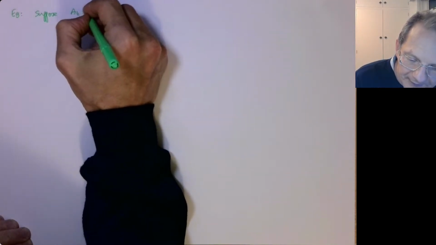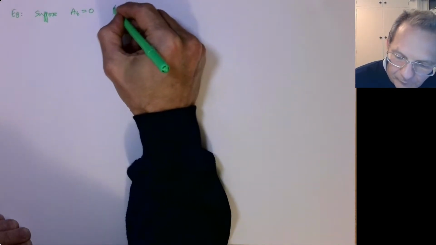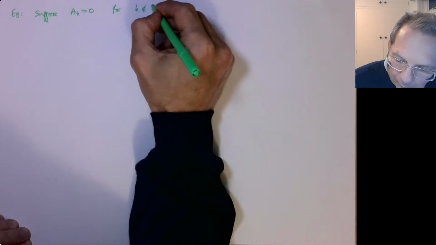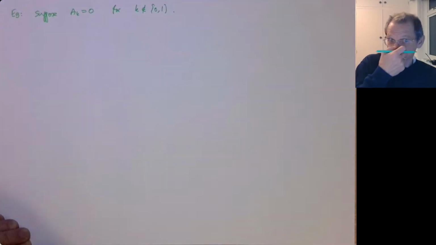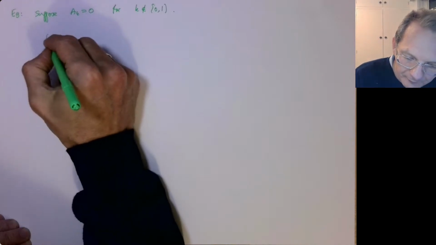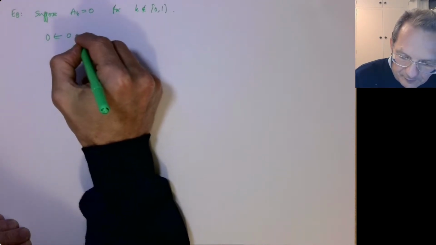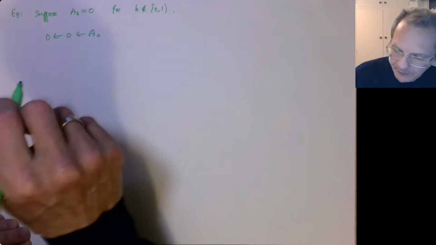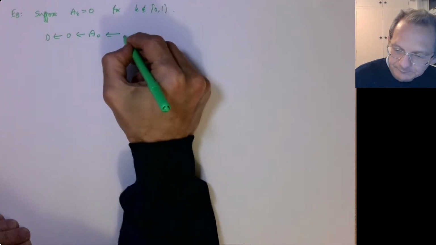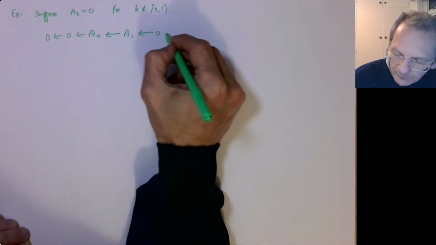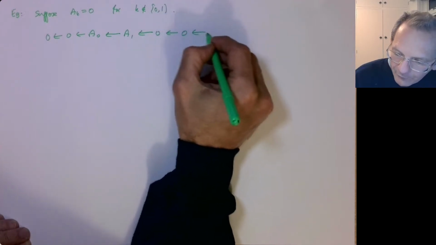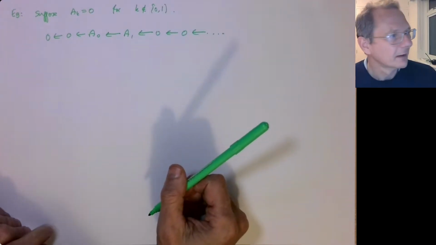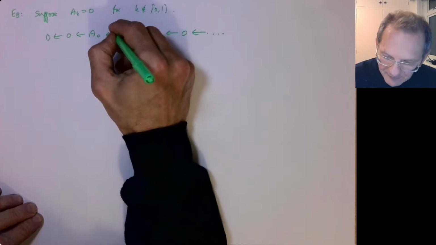Let's suppose that A_k is 0, except possibly when k is 0 or 1. So we've got the kind of situation like this. You've got your A0 here in dimension 0, and then you've got your A1, and then zeros everywhere else. So here you can have a differential.